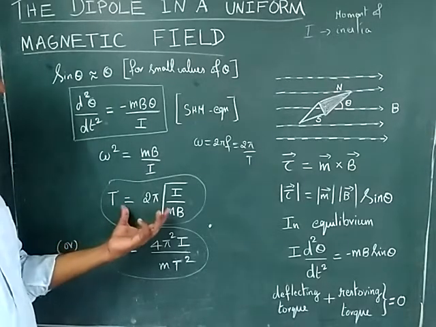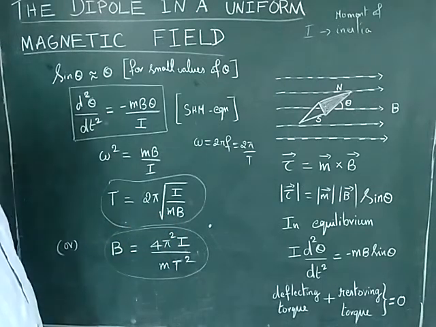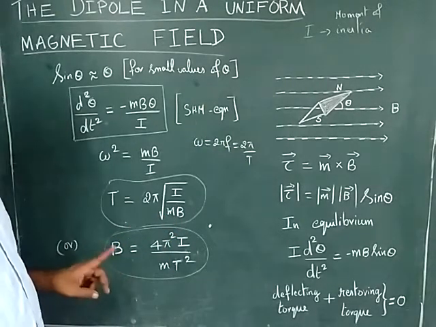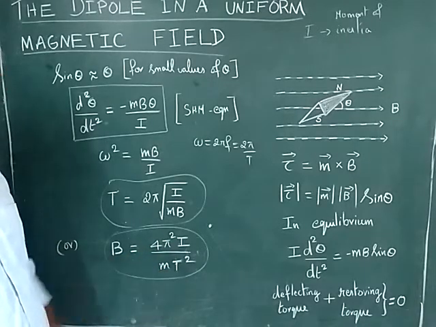From this relation, you can find the value of B. Magnetic flux density B is equal to 4 pi square I divided by m T square.